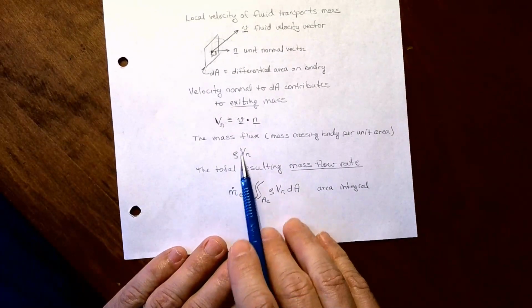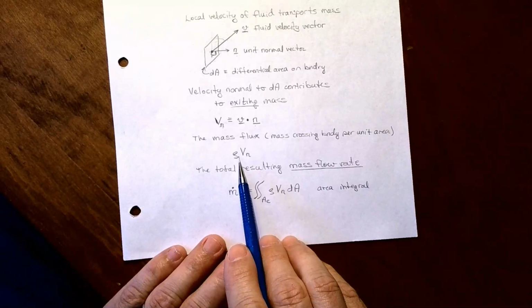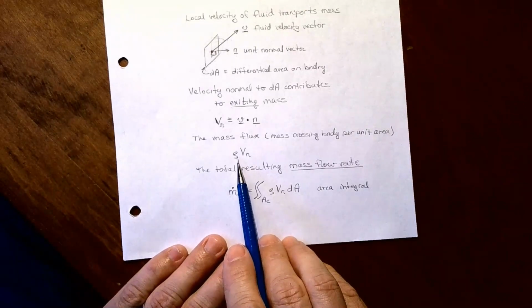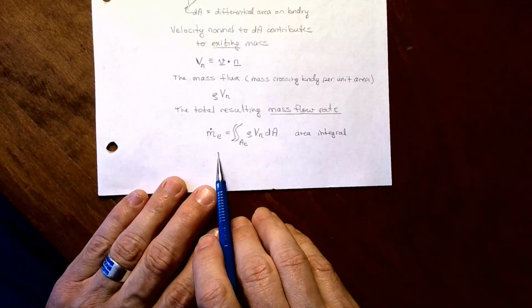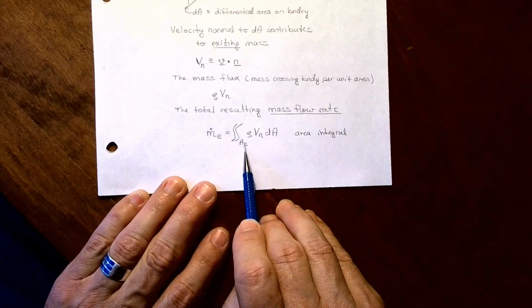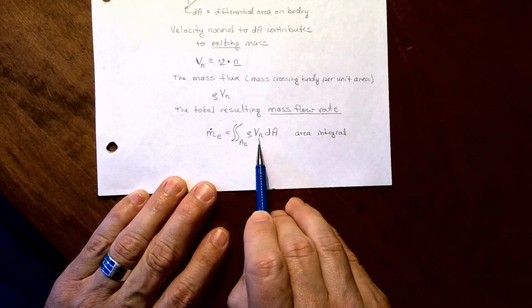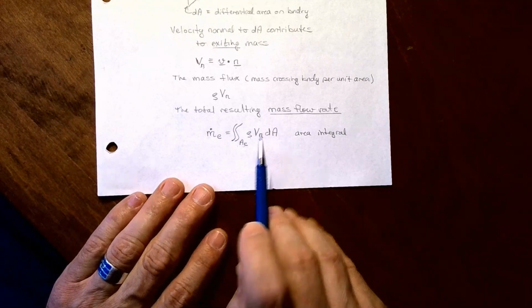The mass flux then, if I multiply the velocity times a density, gives me a local measure of the mass. If I integrate that over the entire cross-sectional area, that'll give me the entire mass that's crossing through that exit area. So this is an area integral over the exit of rho times the velocity, and I only need the normal component of velocity there.